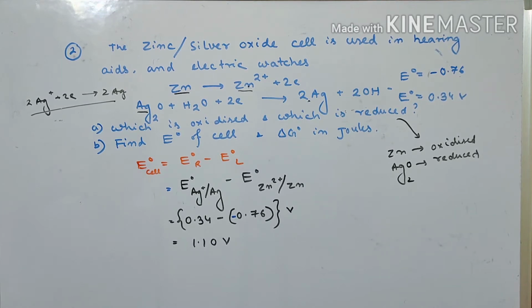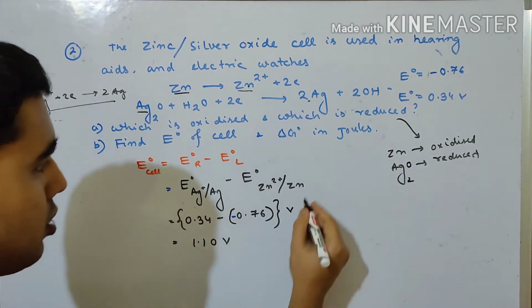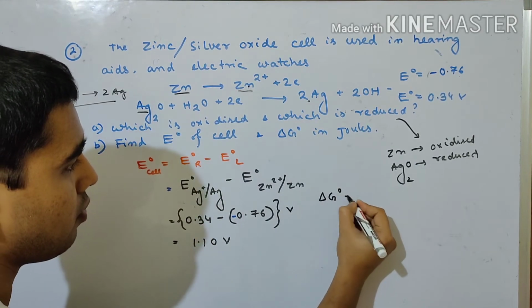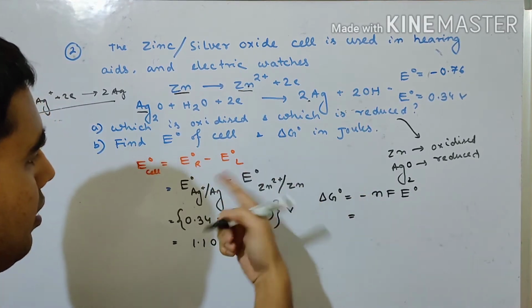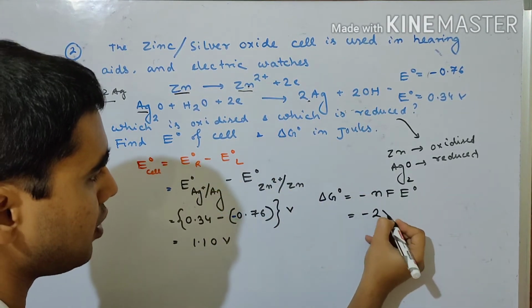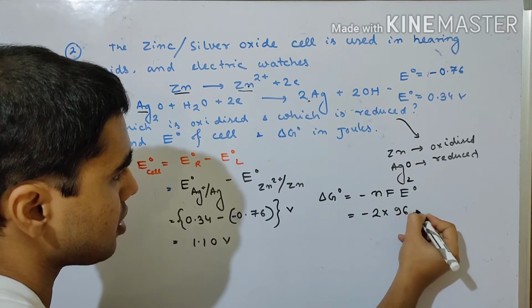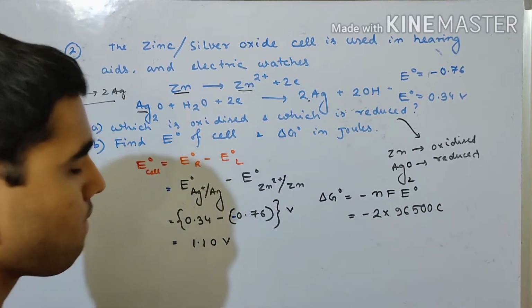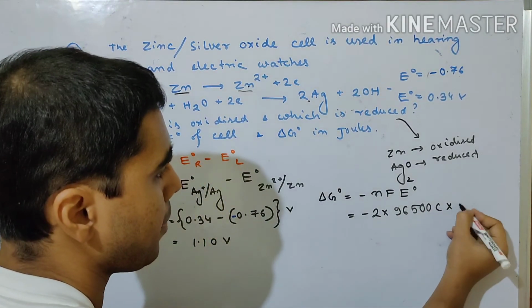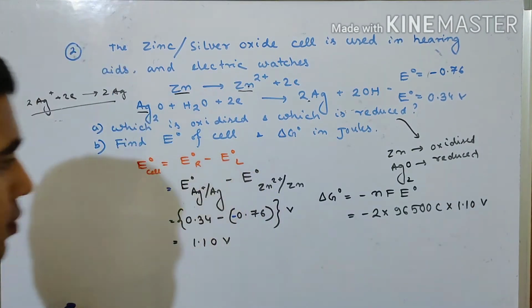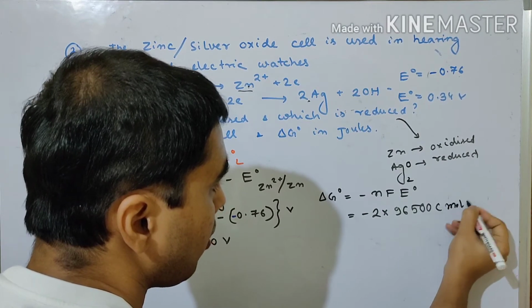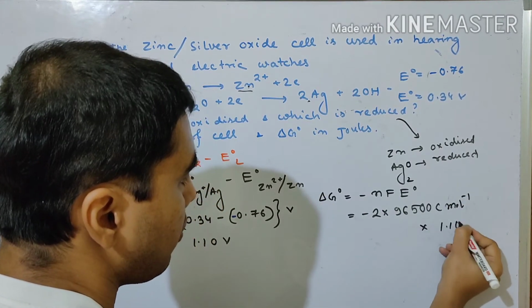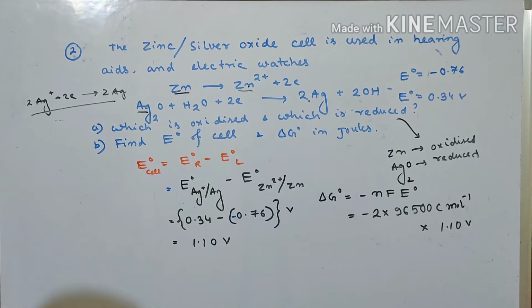Now we have to calculate delta G0 in joules. So delta G0 is equal to minus nFE0. n, obviously 2 electrons are being transferred. F is 96,500 coulomb per mole, and E0 is 1.10 volt. Multiply and see how much you are getting.